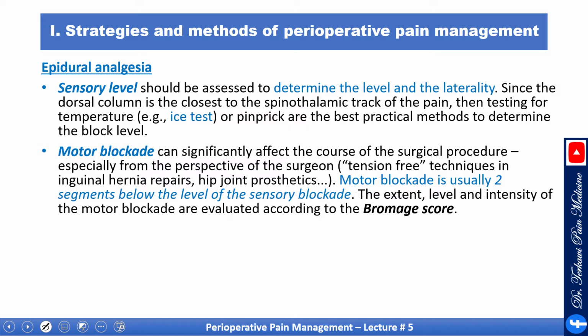no motor block, and the patient usually will be able to do a full flexion of knees and feet. 1 is a partial motor block, where the patient will be able to just move the knees. 2, almost complete block, where the patient is able to move only the feet. 3 will be complete motor block, when the patient is unable to move feet or knees.